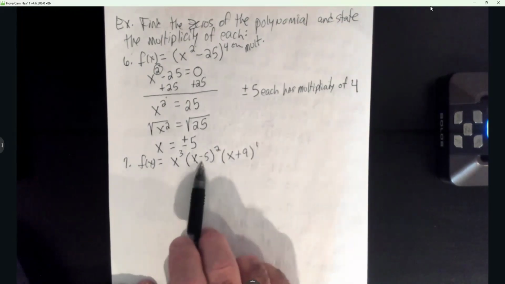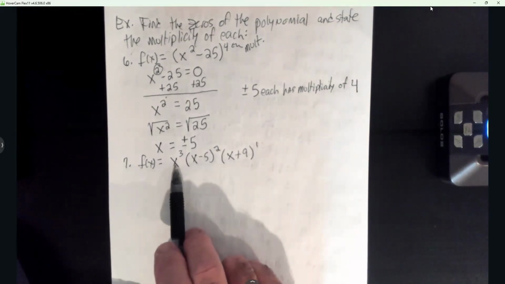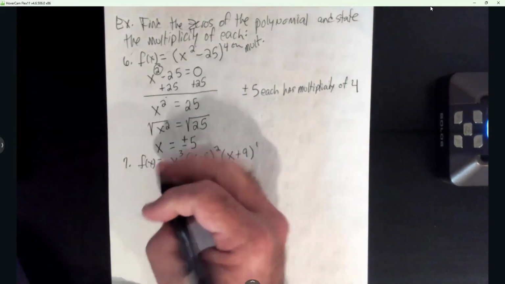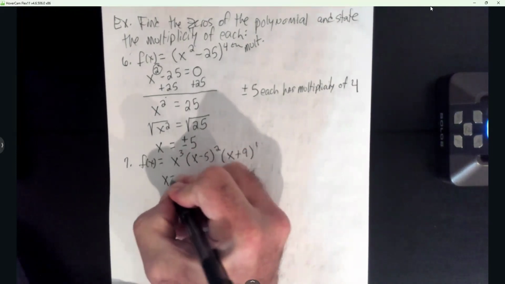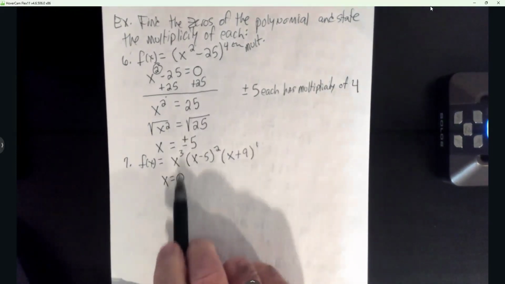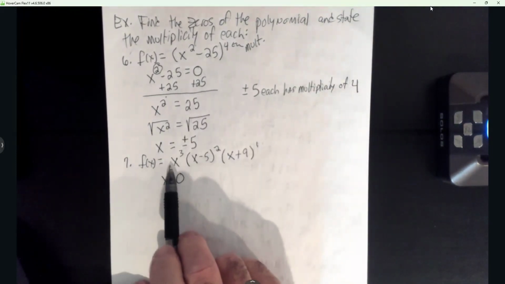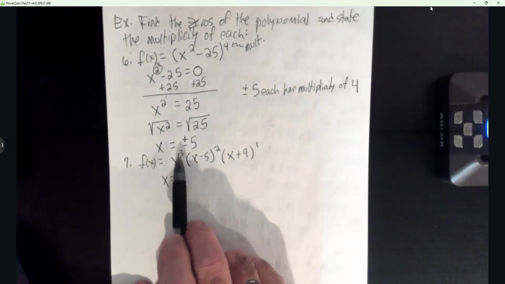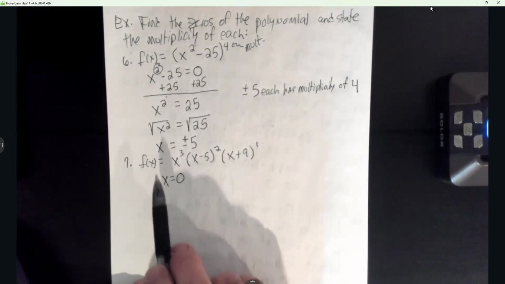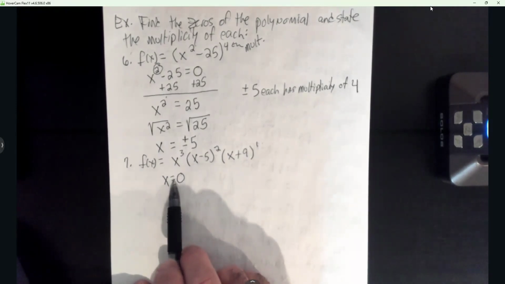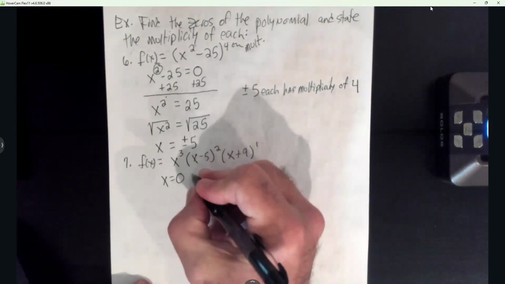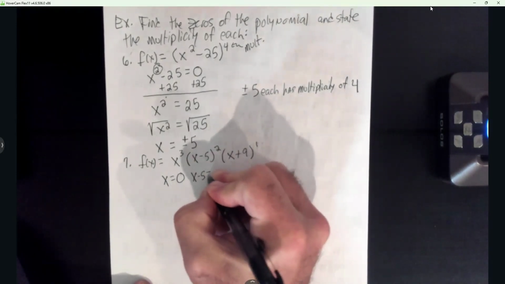All right, so each of the x's gives me my zeros. So y'all, this one, you got an x with a multiplicity 3. Well, you're going to set the x equal to 0, and that one's done. So anytime you got a single x, I don't care what the exponent is, if you got a single x like this, it's always going to be a 0 of 0. Now I'm going to set x minus 5 equal to 0.